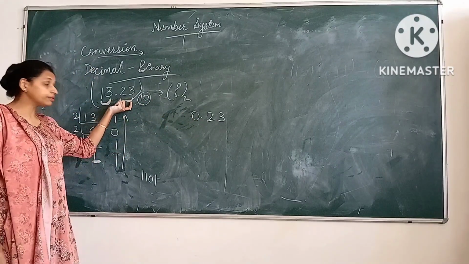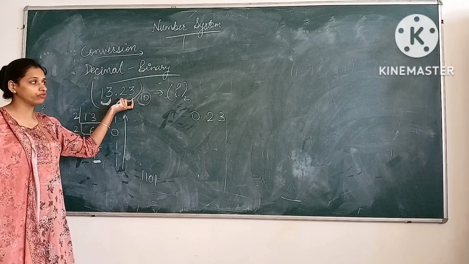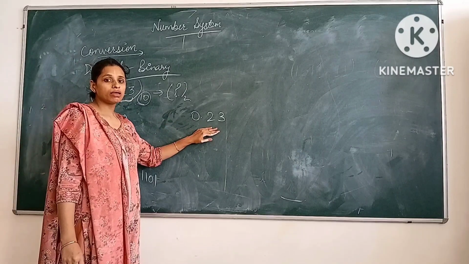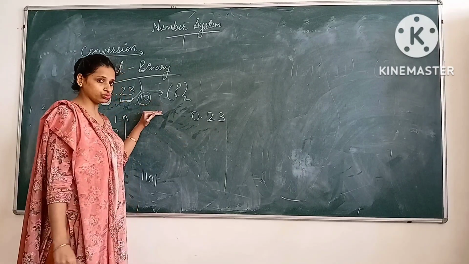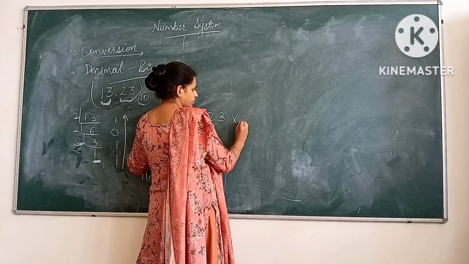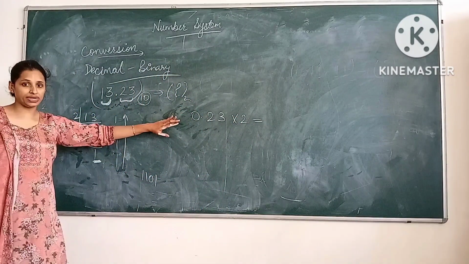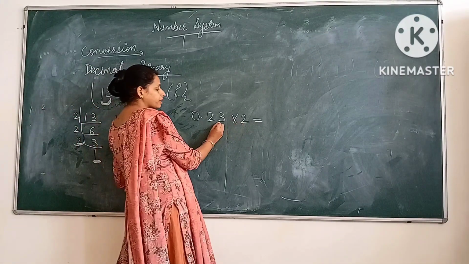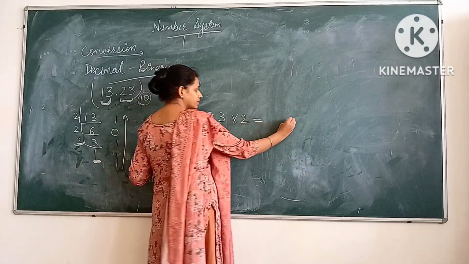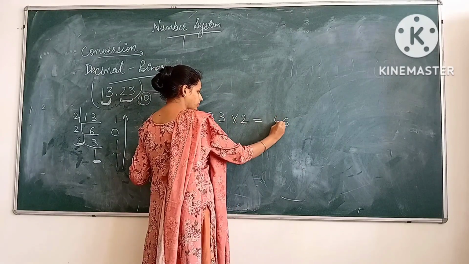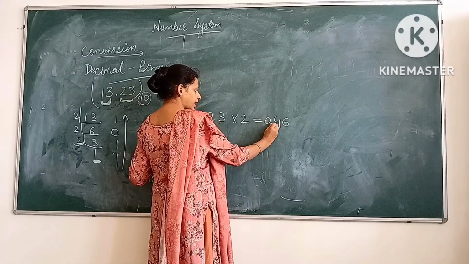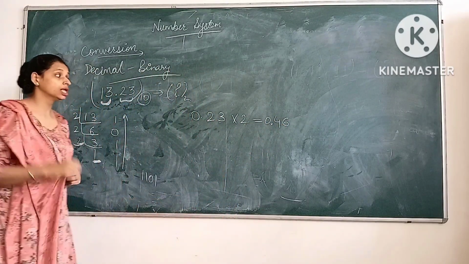That is 0.23. Now after the point, to solve this value, we have to multiply this value by 2, because we are converting decimal to binary. So multiply it by 2. 2 3s are 6, 2 2s are 4, that is 0.46.